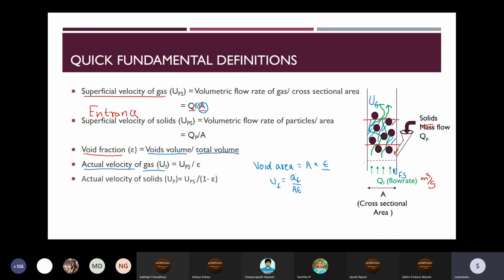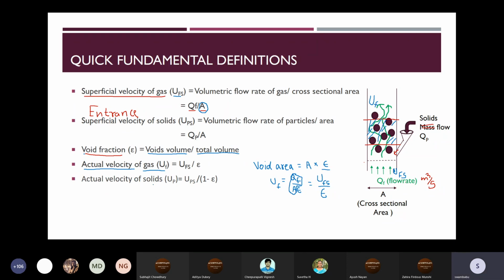So QF by A we already defined as UFS. So this will be UFS by epsilon. That is the actual velocity.